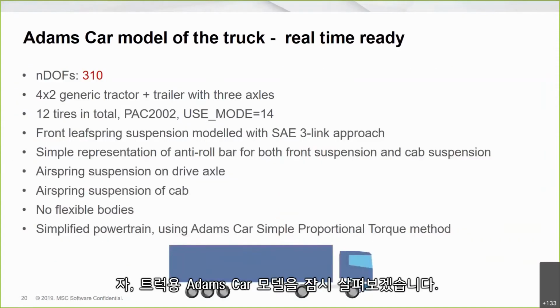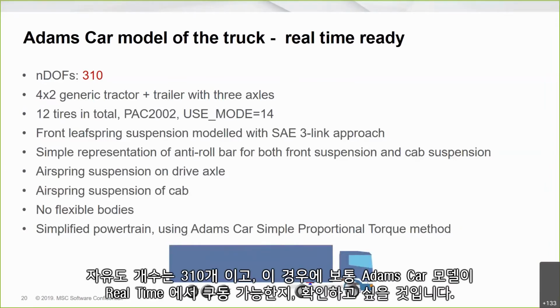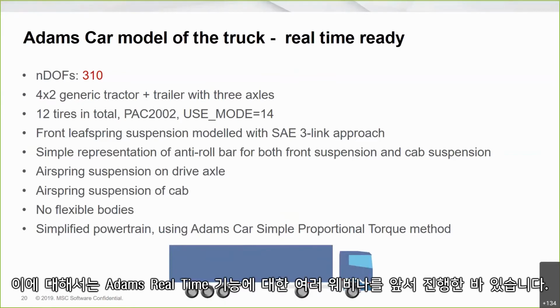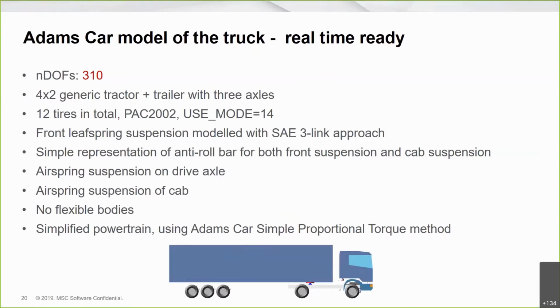A quick look at the Adams Car model for the truck. The number of degrees of freedom is 310, and usually in this case we will want to make sure that the Adams Car models are real-time ready, which we have hosted a number of webinars before talking about the Adams real-time capabilities.